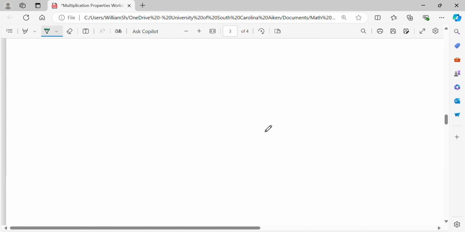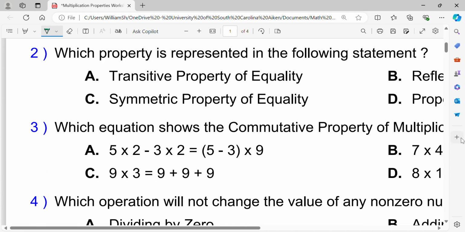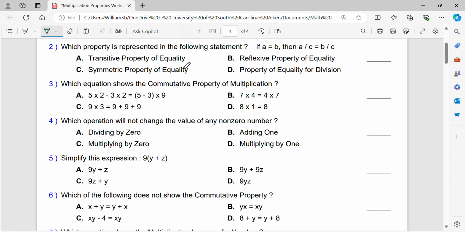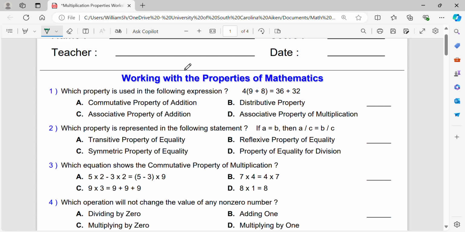Let's look at some of our practice problems here. Okay, so I'm going to zoom out so we can see a little better. And let's go through these questions. First one says, which property is used in the following expression? In this expression, we have 4 times (9 plus 8) equals 36 plus 32.